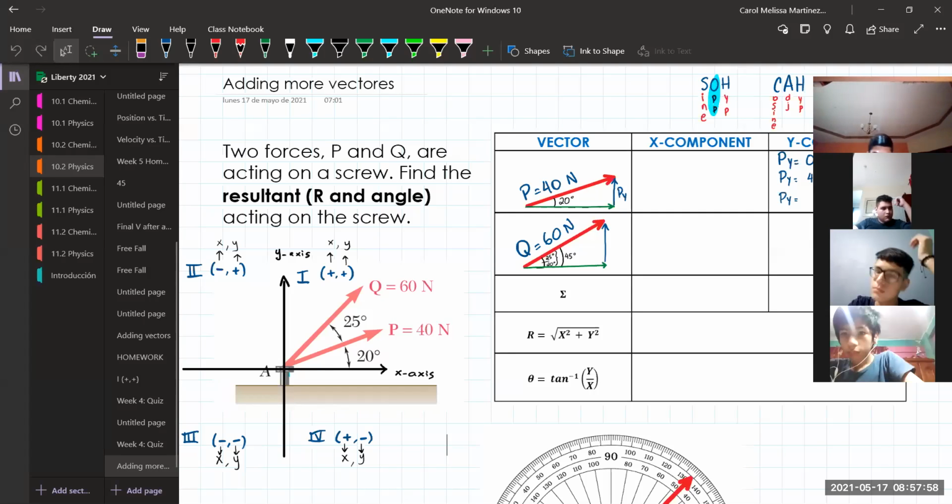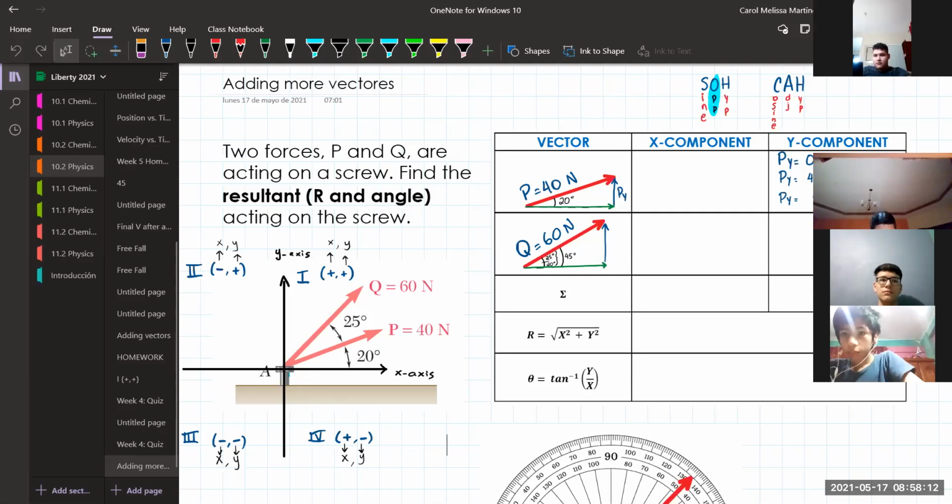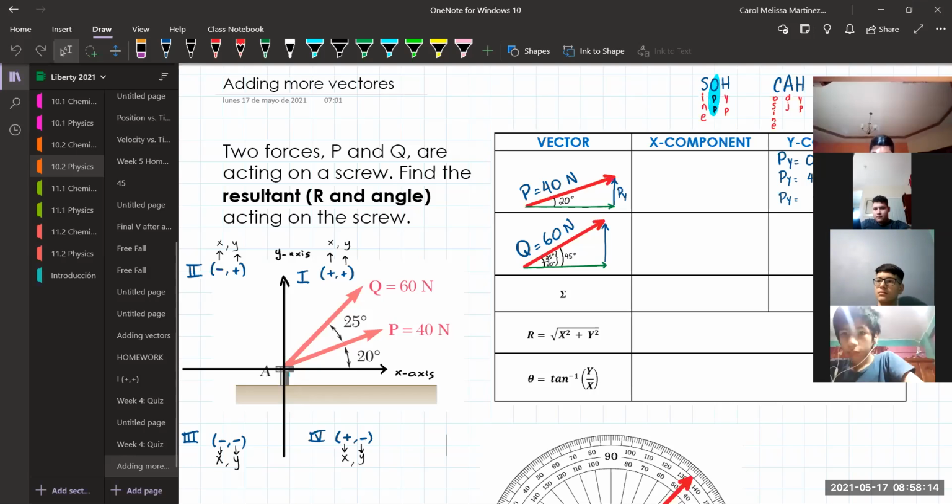How much is this? 13.68. Okay. Now, I want you to analyze something else. Xavier? No, I made a fail, sorry. Okay, don't worry. So I want you to analyze something.